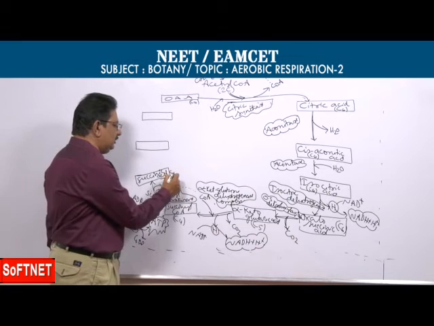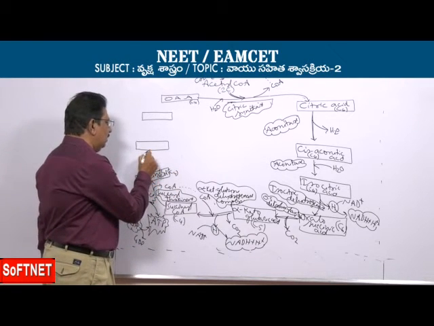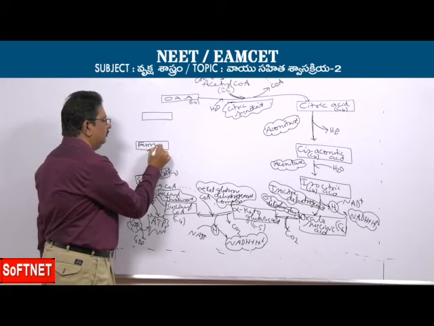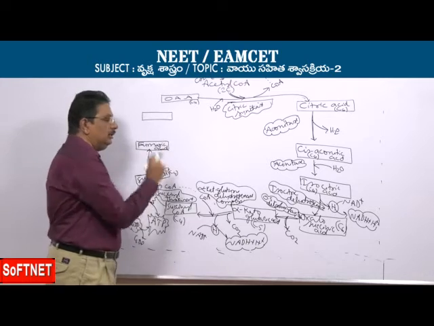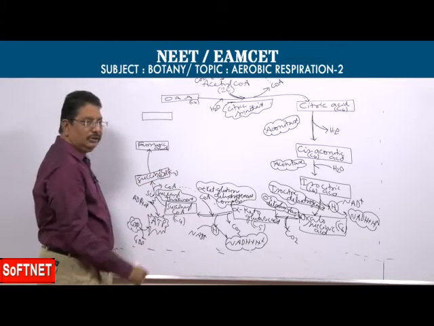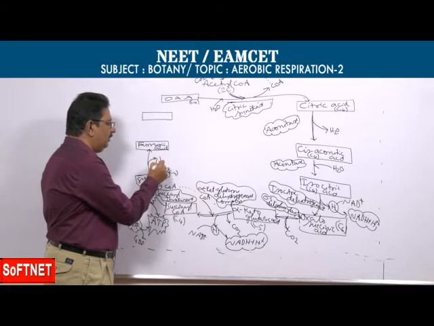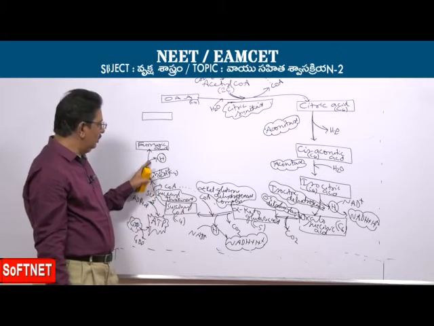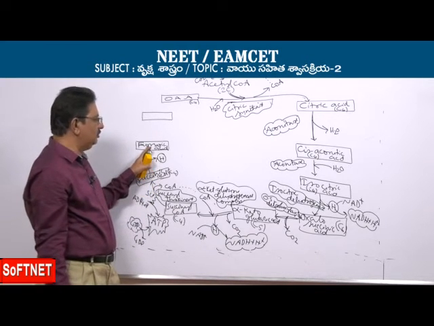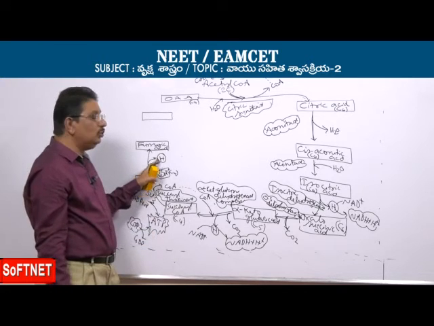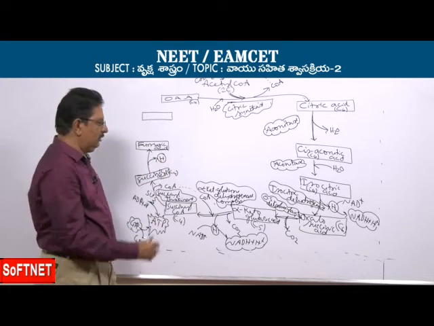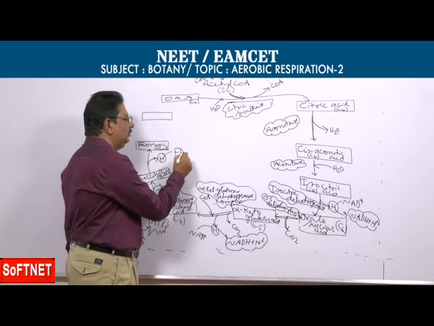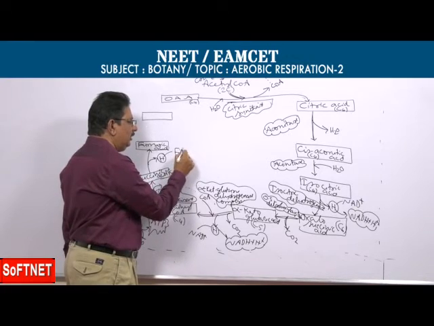Then succinic acid, a C4 acid, converts into fumaric acid. So, fumaric acid is formed from succinic acid, during which hydrogens are removed. So, we can say that succinic acid is now oxidized into fumaric acid after losing a pair of hydrogen atoms, which are taken by another coenzyme, that is FAD.